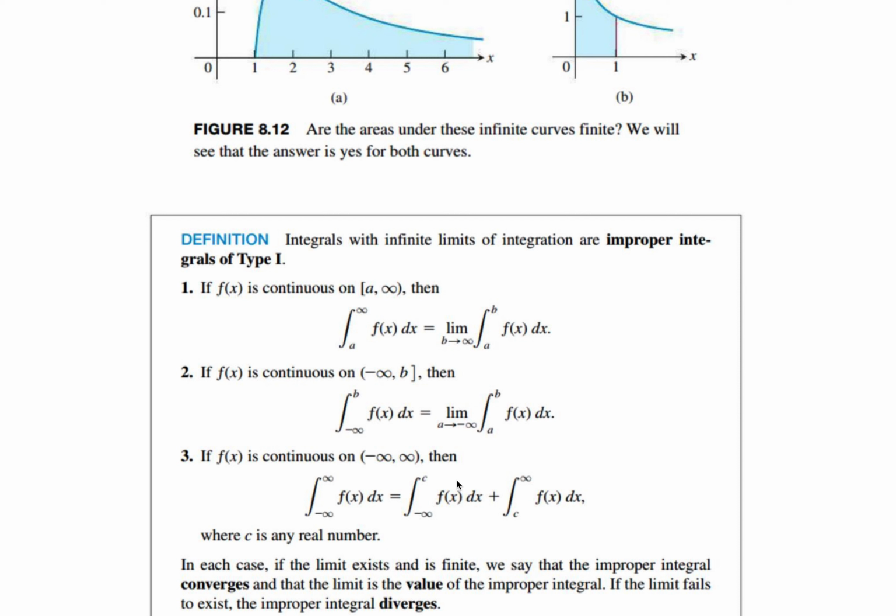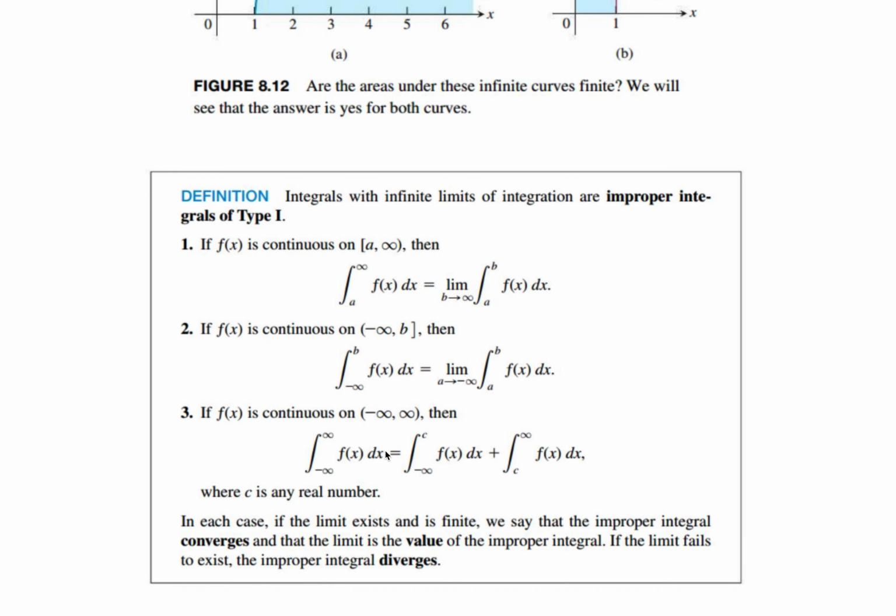If the limit exists and it's a finite number, we say that the integral converges. And then that limit is going to be the value of the integral. But if the limit fails to exist, we say that the integral diverges. And so we're going to do several examples of this just to show you how it works.